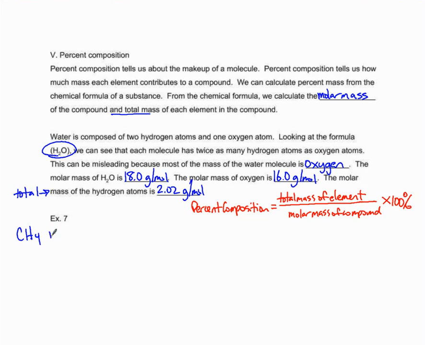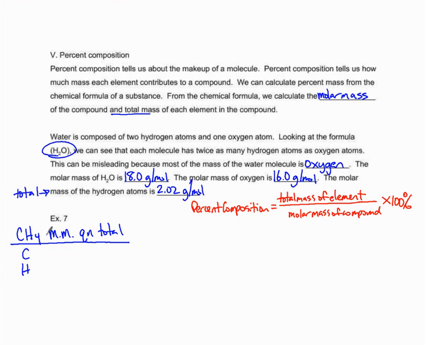So CH4, molar mass, quantity, and total. I'm going to make my table. A table is actually very helpful for percent composition. Outside of percent composition, once you know how to do molar mass, I would say stop doing the table. But for percent composition, it gives us our numbers. It's really helpful.